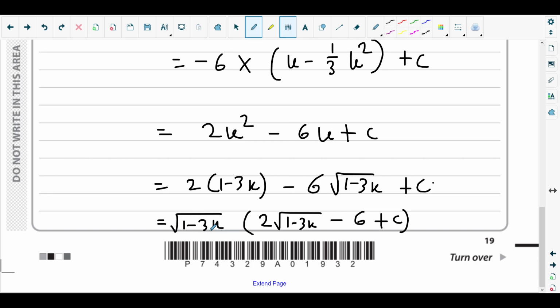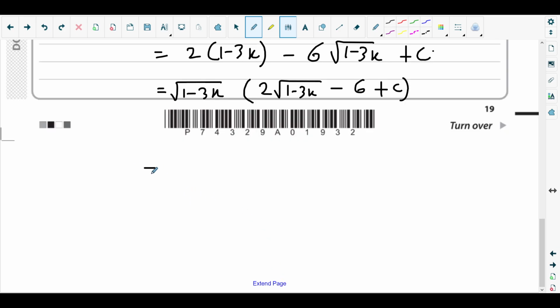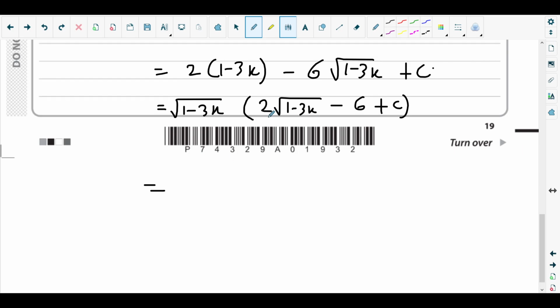Yeah, that's fine. So now what can we do? We can take 2 common also, right? We can take 2 common from there. So 2 square root of, just ignore the square root, they wrote it in power.